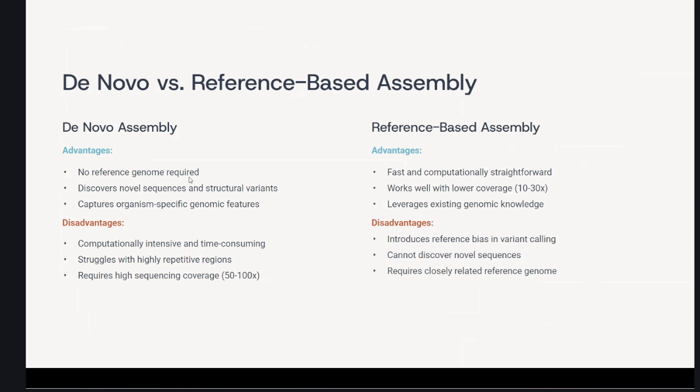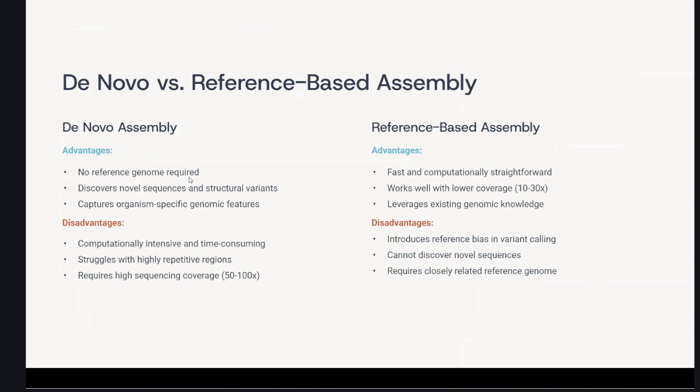It requires higher coverage in comparison to reference-based assembly. And the assembly you get will be more fragmented. It's not necessary that you will get a fragmented assembly every time, but in comparison to reference-based, it will be a more fragmented one.